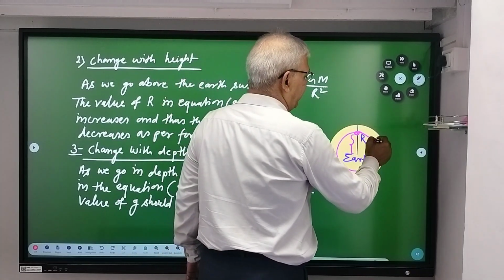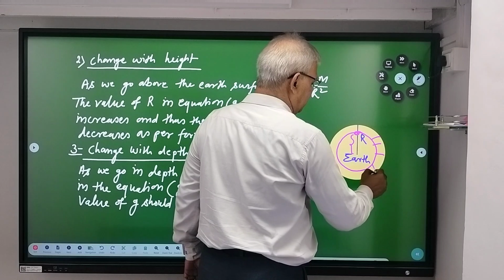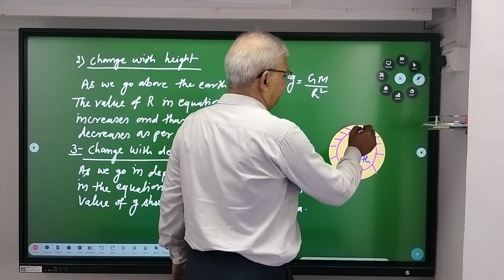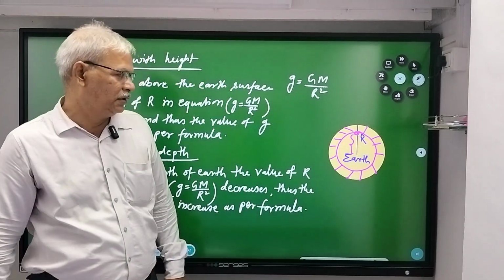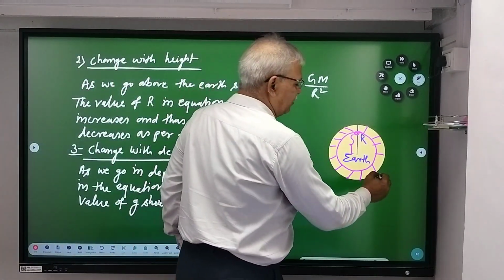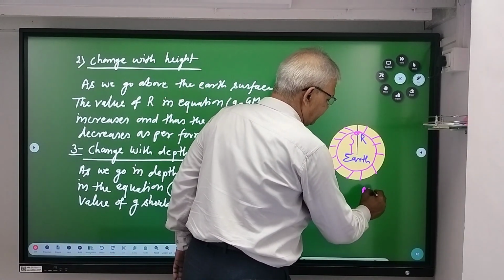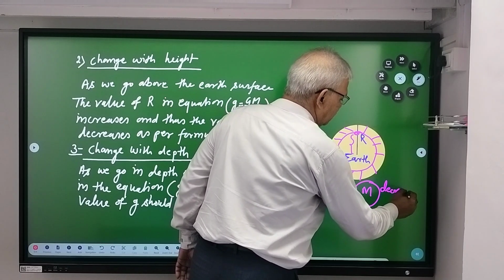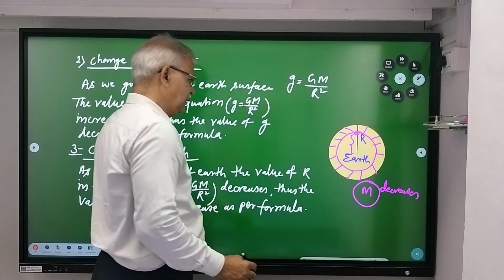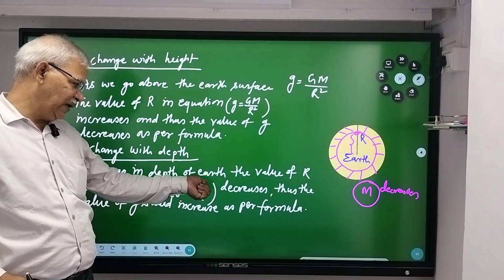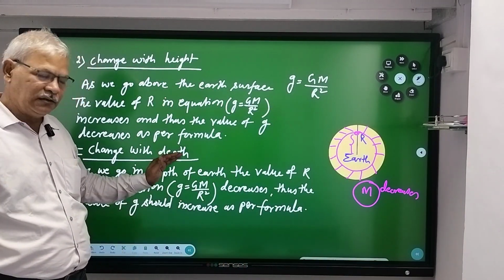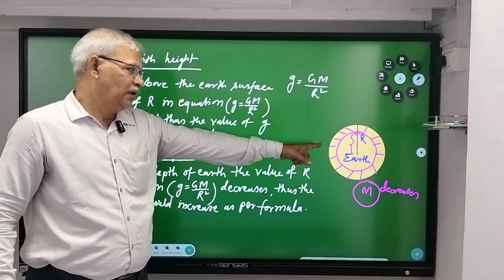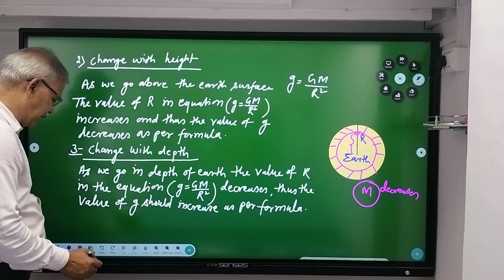The remaining part of the Earth will not contribute in the gravitational force. It means that the value of mass will also decrease. If the value of M decreases, then the value of G will decrease. Understood? Okay?